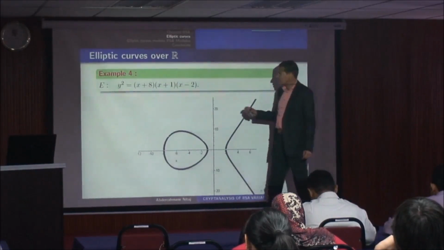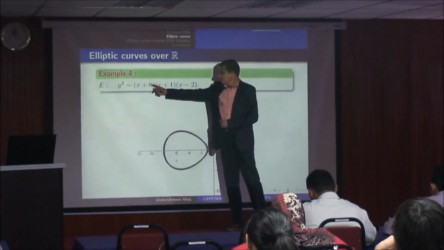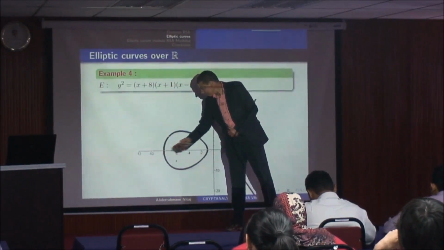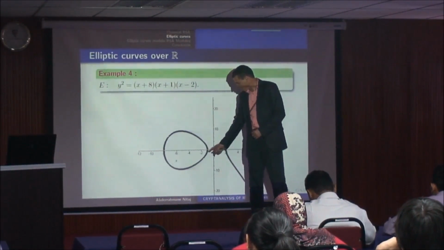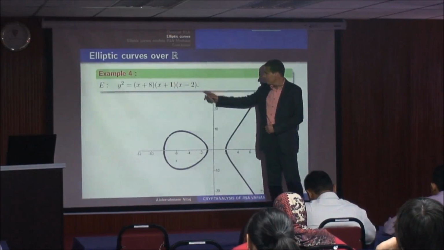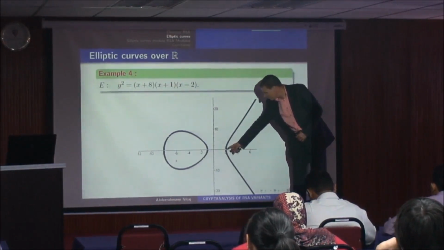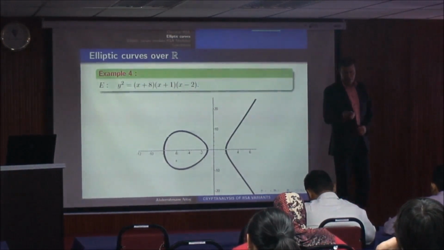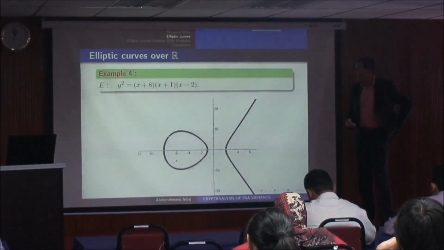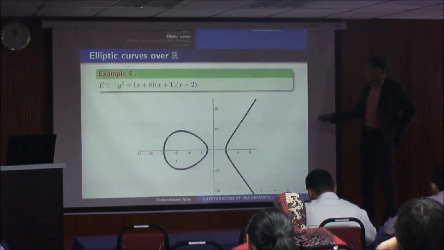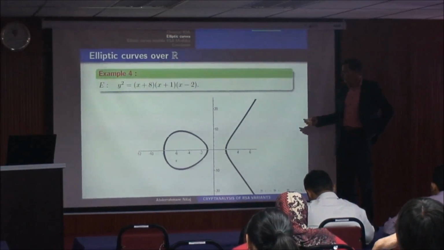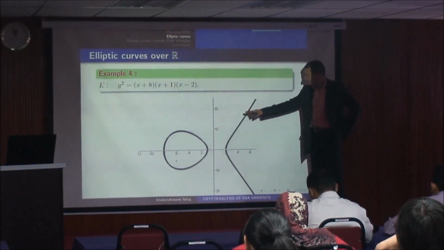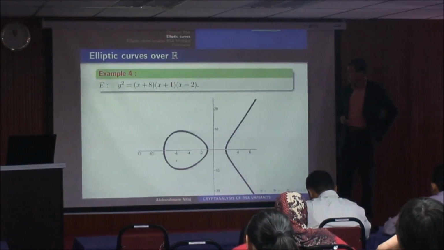So you can see that one root is minus 8, the other root is minus 1, and the next one is plus 2. So in general, an elliptic curve over R is like this, and the points on the curve satisfy this equation.